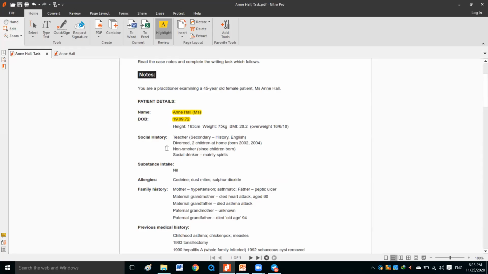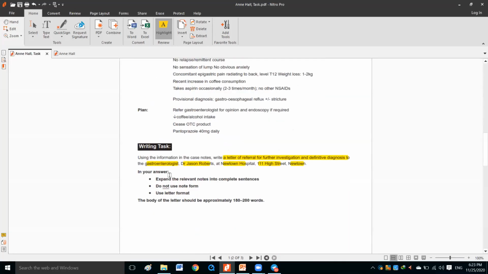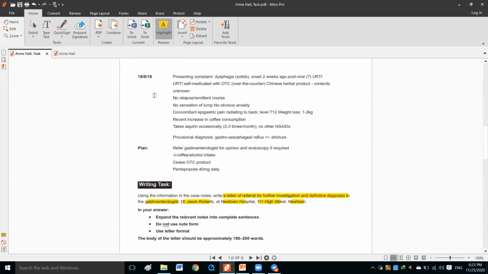Then I will check the last visit. And why do you do that? To see the purpose for the referral and the main medical issue. Yes, the main complaint or medical issue. So this is the last visit.